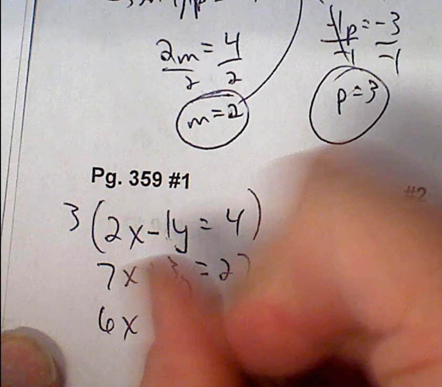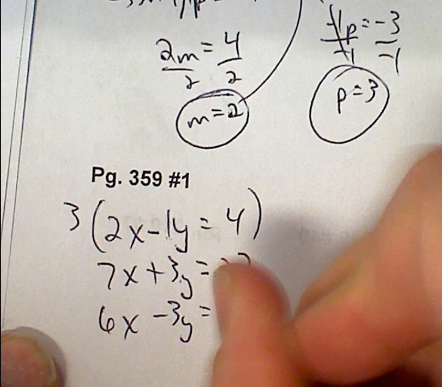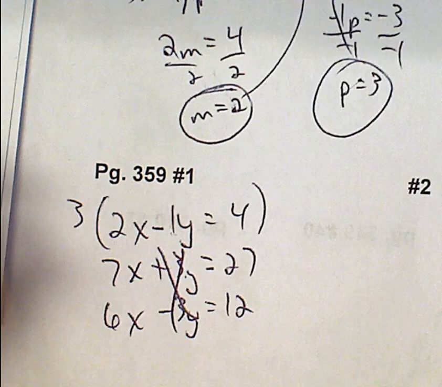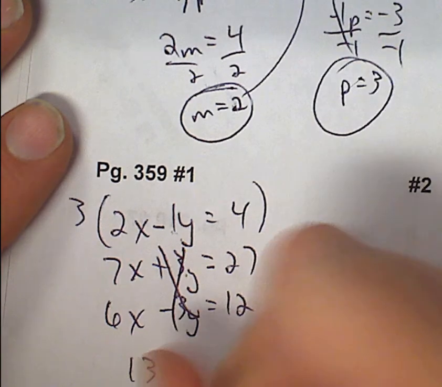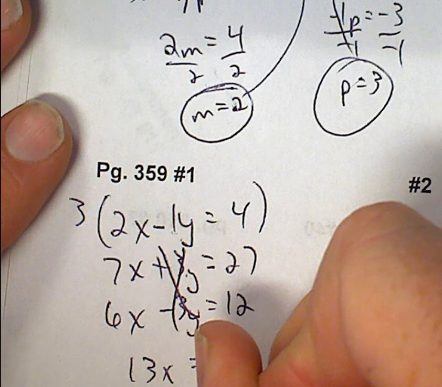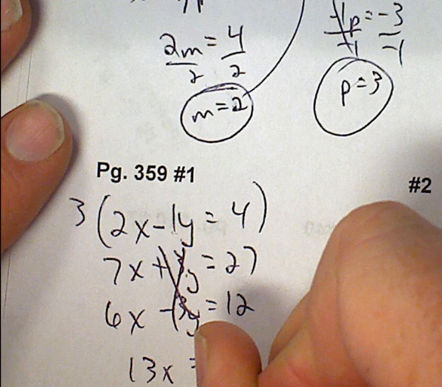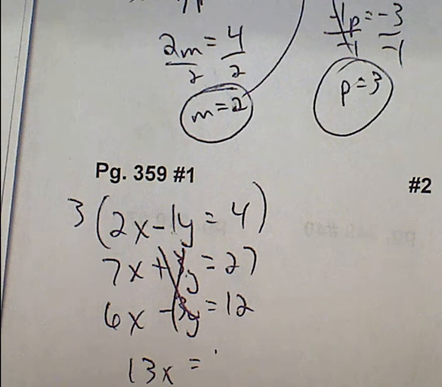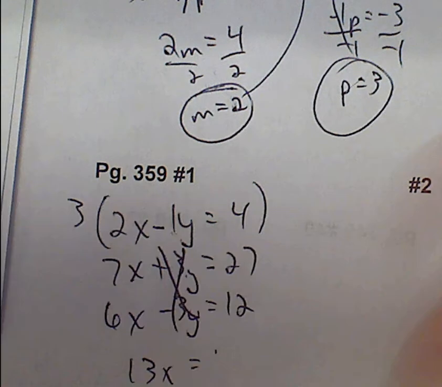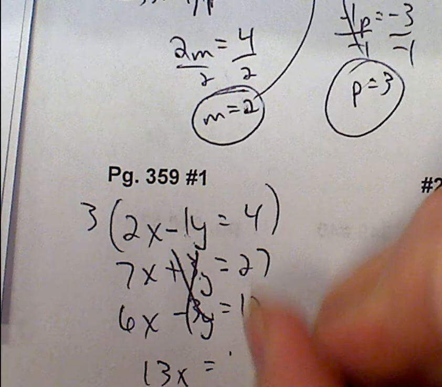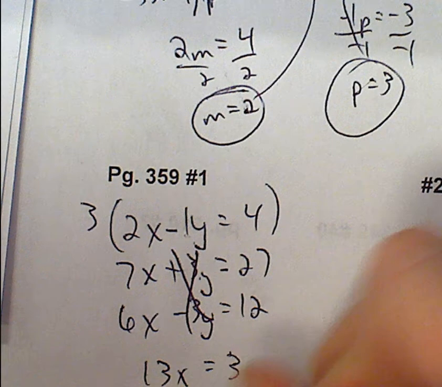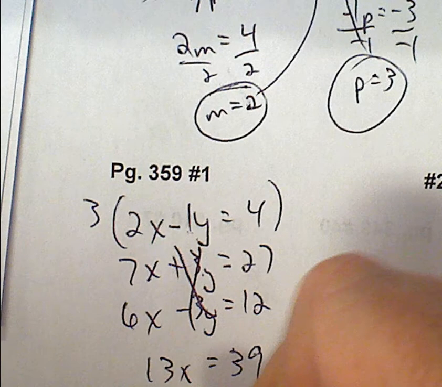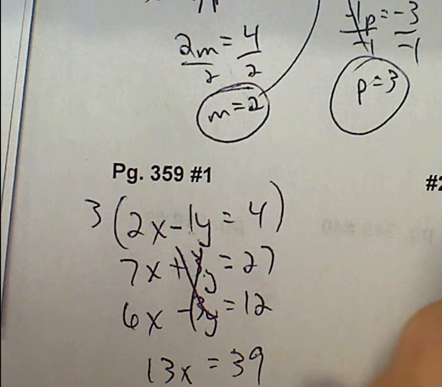That gives me 6x minus 3y equals 12. Those eliminate. 13x equals 12, okay, 13x equals, that becomes 39. Divide by 13, x equals 3.